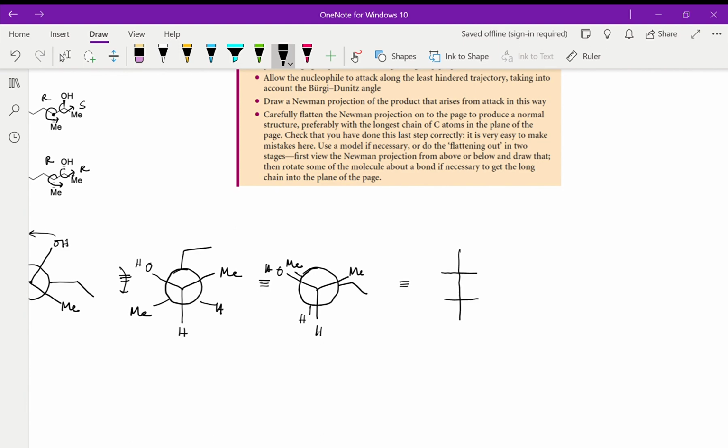Okay, so what we will do, we will think this to be as H. Okay, so your front carbon is at the bottom, so this is your OH on the left hand side, and your Me over here. Then you have the hydrogen, and similarly this Me will lie here.